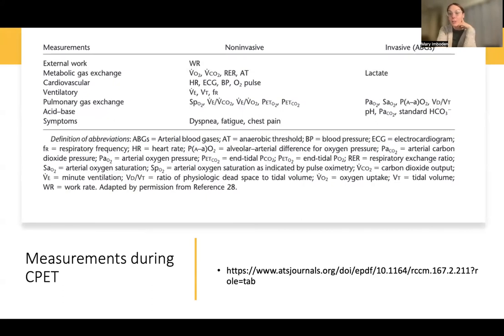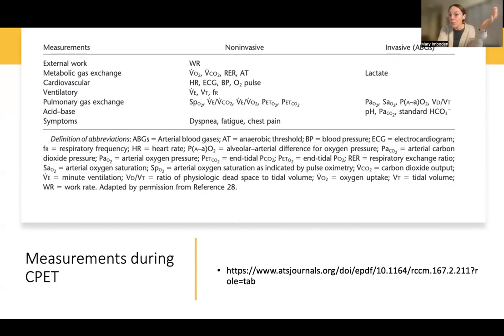Okay, as you go through the testing, these are some of the measurements that we can obtain from a cardiopulmonary exercise test. Most are non-invasive. They're all being collected through the metabolic mask being hooked up to the gas analyzers, or from just the treadmill in general, right? So what is the workload? What's the speed and grade?